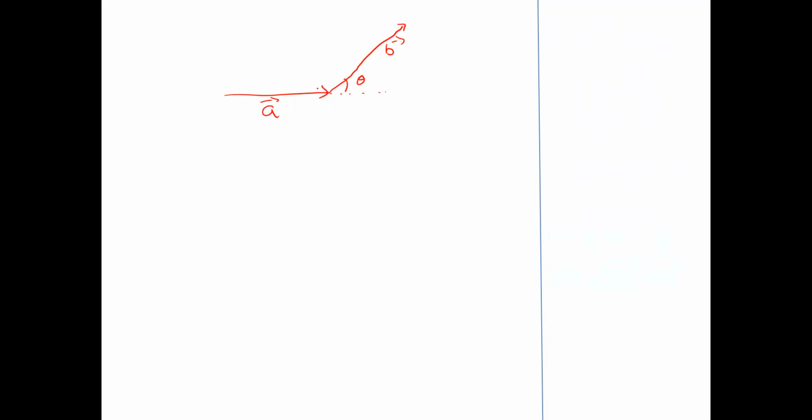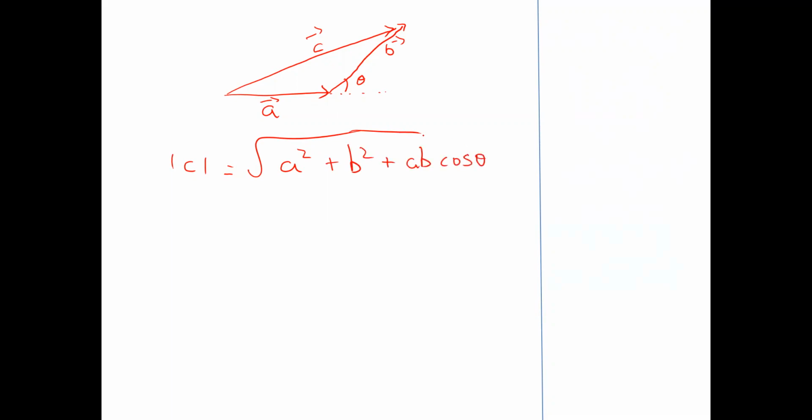Now this vector is placed head to tail with this, and this closing side, this C vector, is the resultant, and the magnitude of C vector is given by A square plus B square plus AB cos theta. Okay, plus AB cos theta. So this is the formula to find out the magnitude when the angle is actually not 90 degrees.